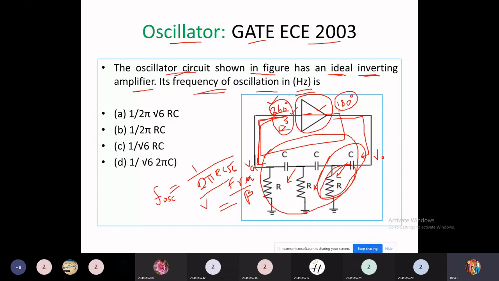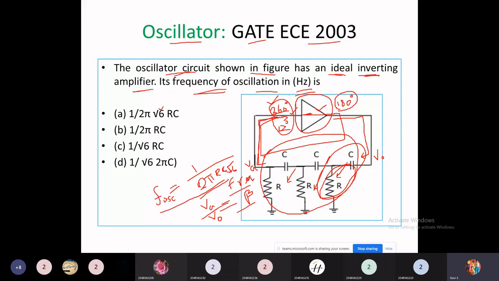So beta is nothing but VA divided by the output of the amplifier, V naught, which is nothing but input to the feedback network. Okay, VA by V naught is nothing but beta. After simplifying this, you will get an expression. In that expression, we have to consider the imaginary part and make it 0. After simplification, you will obtain the expression as 1 by 2 pi RC times root 6, right? Now let us check the options here.